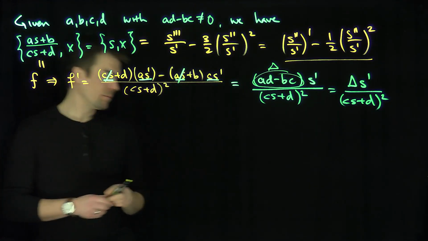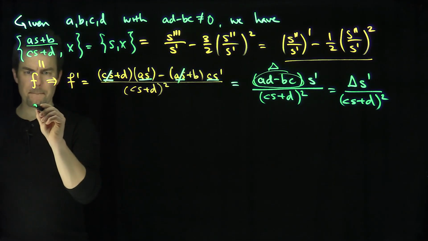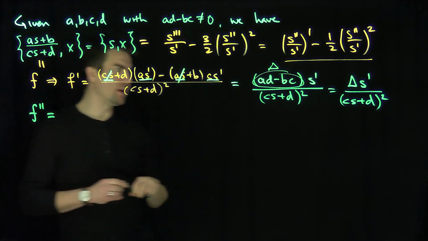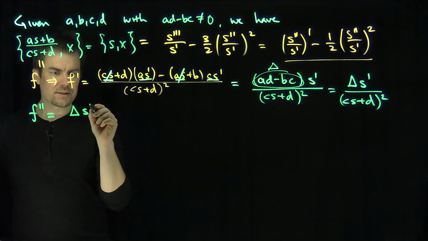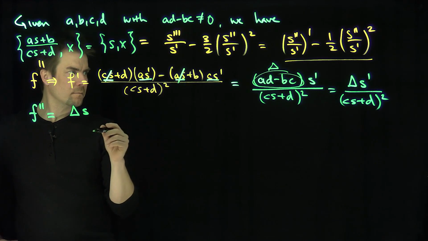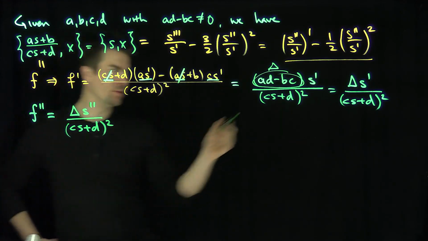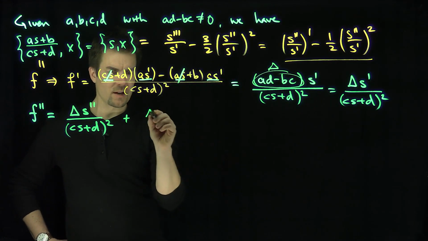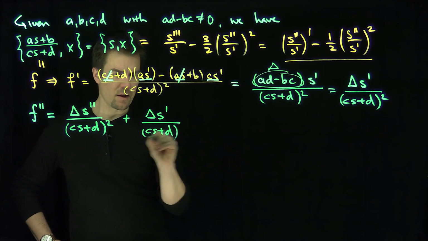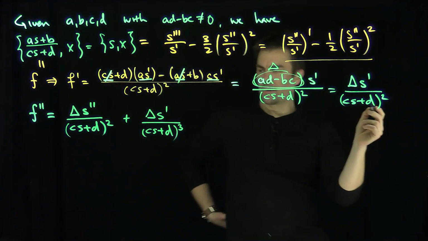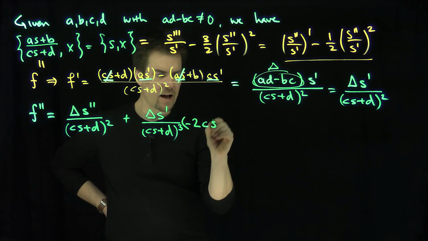Let's do the second derivative of f now. f double prime is going to be delta s double prime over cs plus d quantity squared, that's doing the derivative of the first function, plus delta s prime times a cs plus d to the third power, and this is really a negative 2, so I'm going to have a negative 2 times c times s prime.